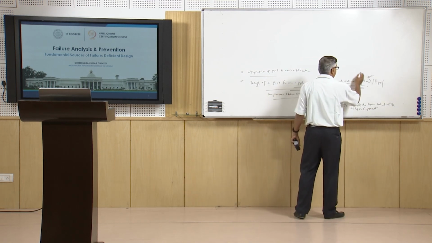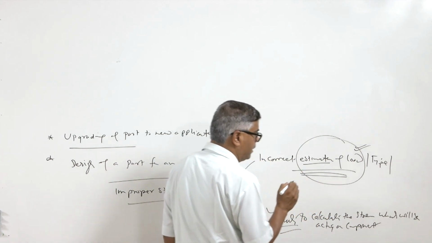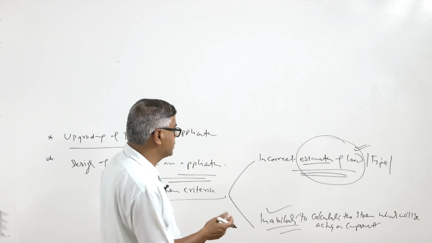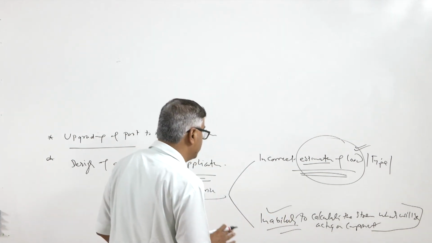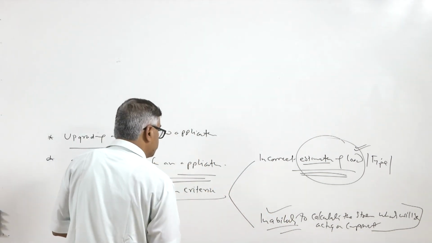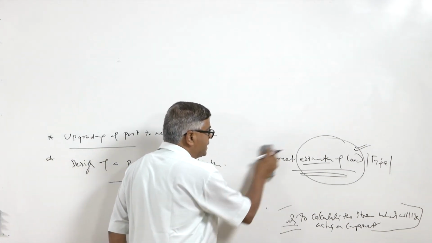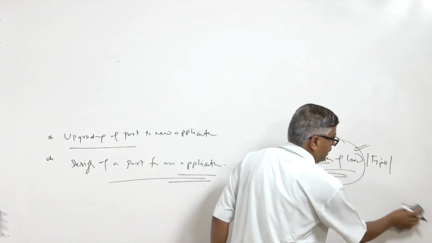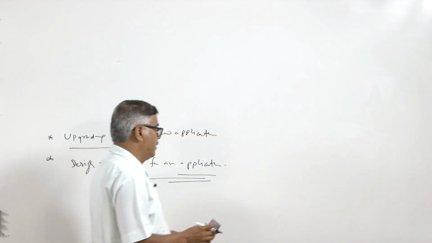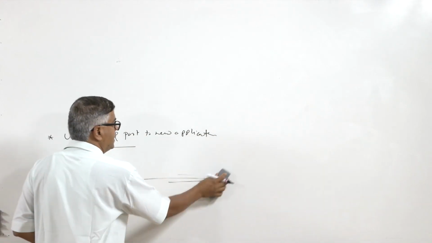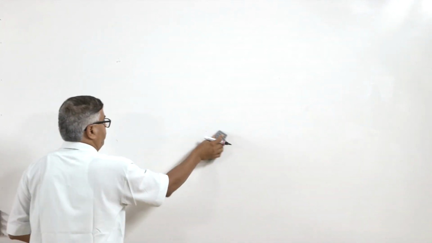So, improper estimation of the load and inability to calculate the stresses accurately for given service conditions due to the complexity of the geometry of the component, these two situations will lead to the use of improper stress. If the design is based on the incorrect stresses, then of course it will provide an easy source for the failure of the component, because the section size and the shape of the component will not be proper.